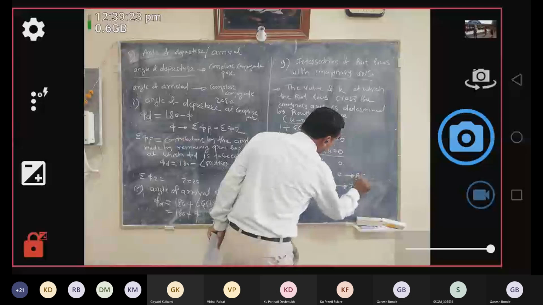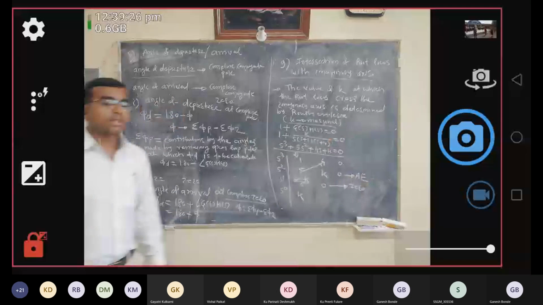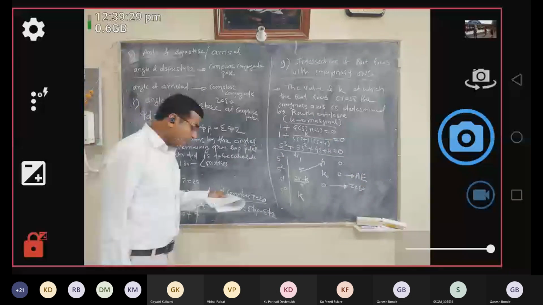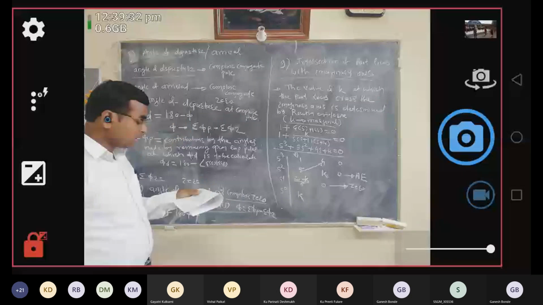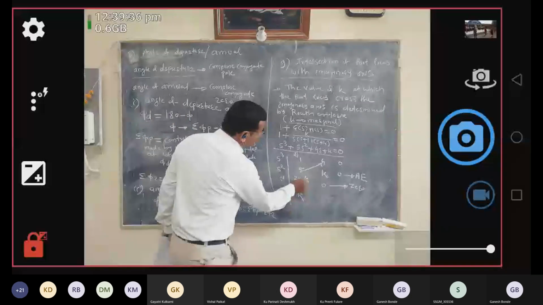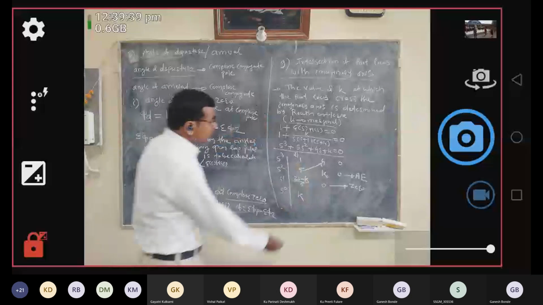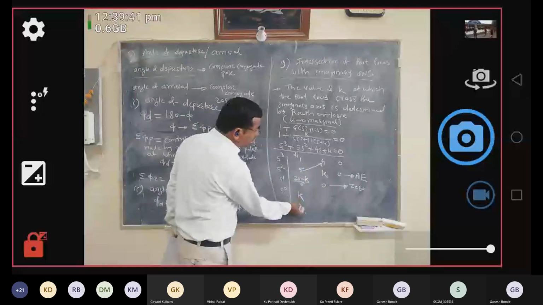From the s0 row, the value of k must be greater than 0.